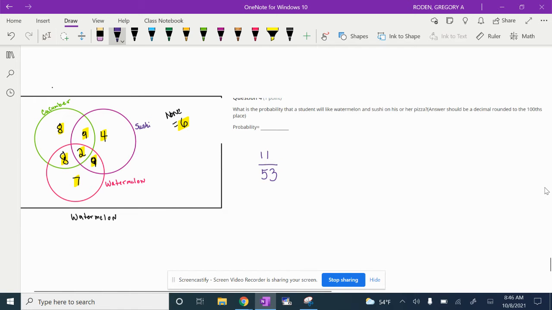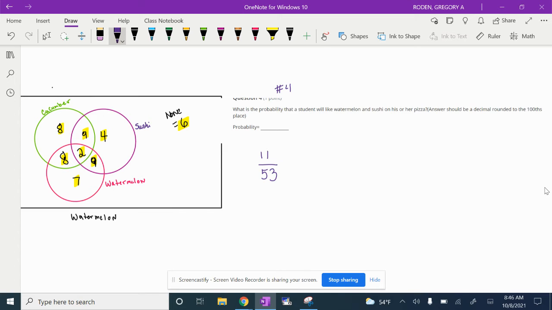All right. So on this one, this is my number 4. I don't know what number this is for you. It's saying, what is the probability a student would like watermelon and sushi on his or her pizza? Well, first of all, we're dealing with the entire group of students, Mr. Roden's 8th period. So there's 53 of those because we're not limiting it to anything besides the entire group.